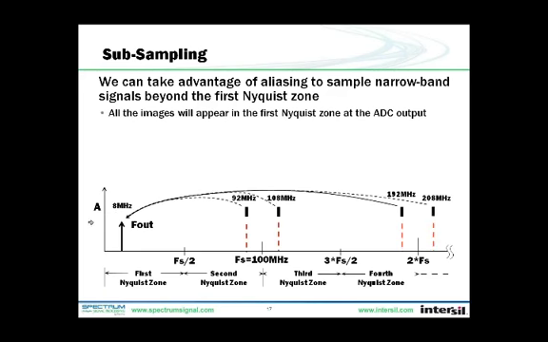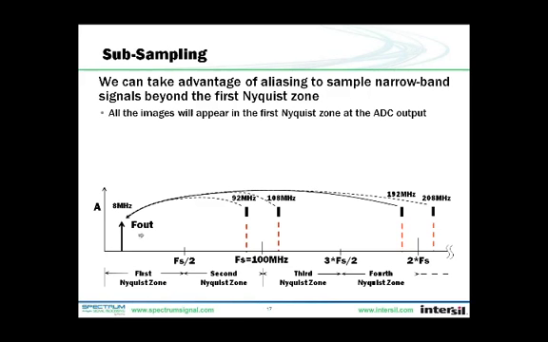For example, in this case, with the sample rate of 100 megahertz, the first Nyquist zone is from DC to Fs over 2 here. Inputs at 8 megahertz, or at 100 minus 8 or 92, 100 plus 8 or 108, and so on will all alias into the first Nyquist zone. And that's exactly what we saw in the previous slide with the red trace.